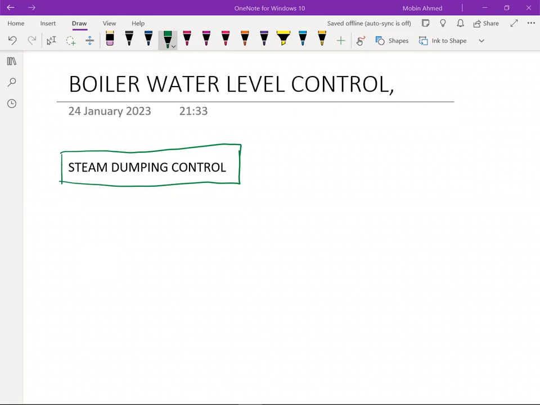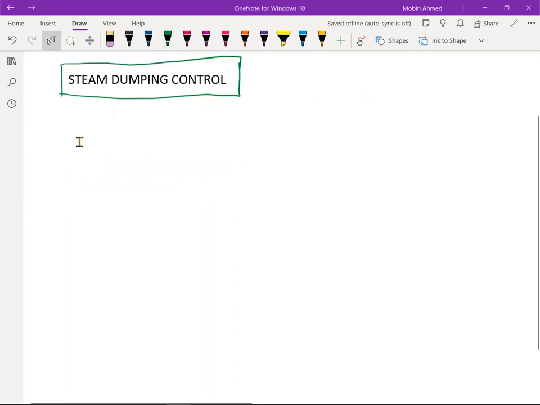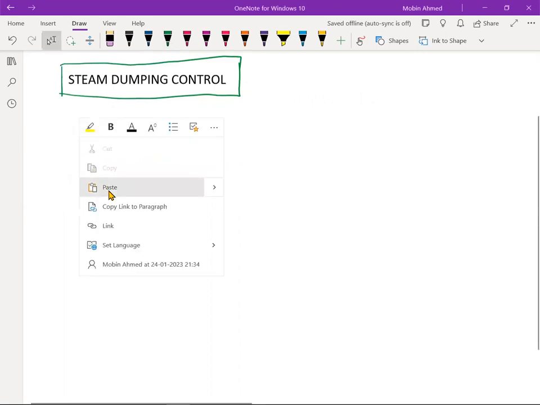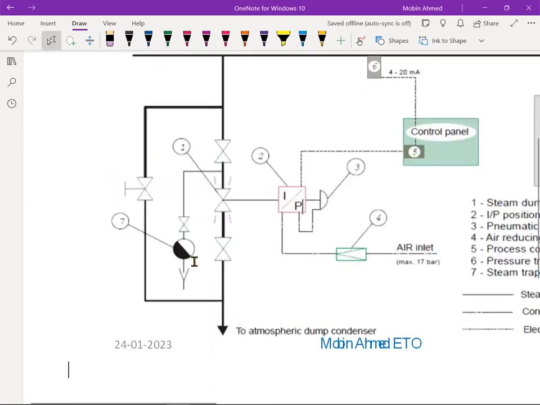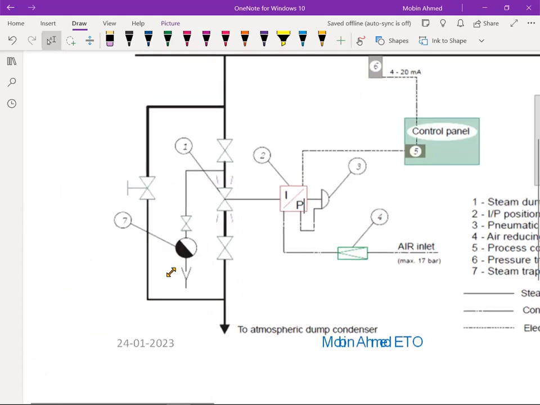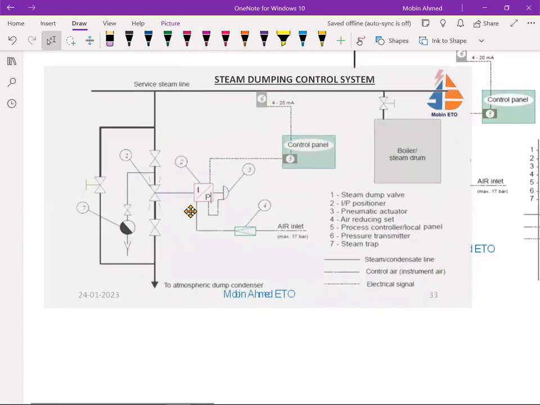We keep it a little higher than required, because we should not waste our fuel. Okay, we should not waste our fuel. That's the reason it always works at the higher pressure, and the oil fire burner will be in stop position.